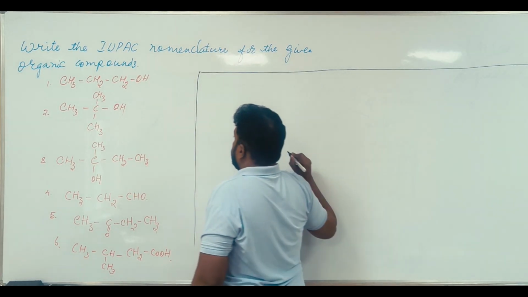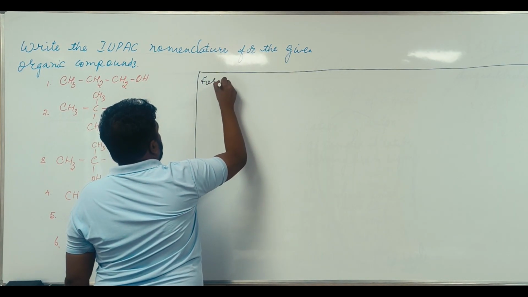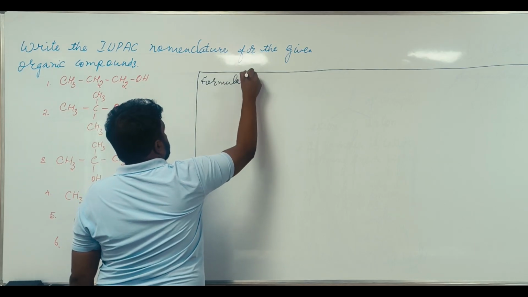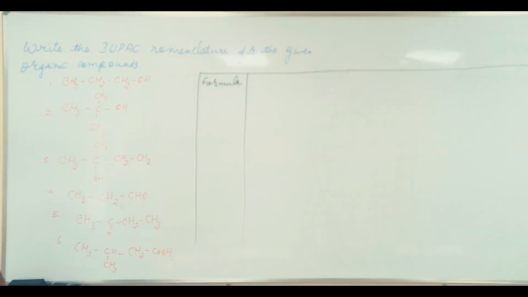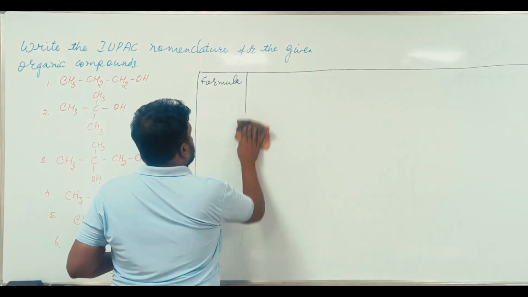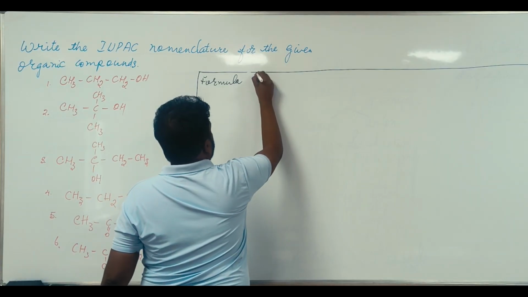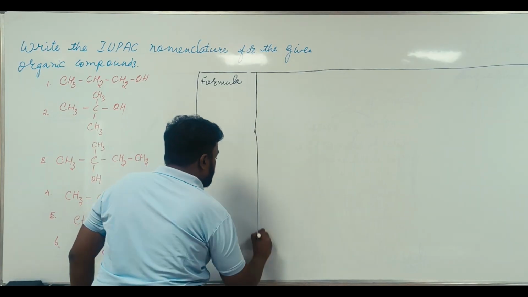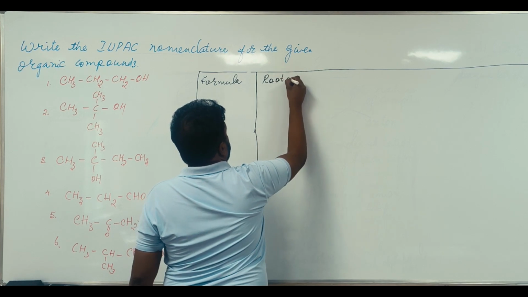First, let us write the formula. What is the formula that has been given, that formula we will write. It is so lengthy, we need a space. So initially we should write the formula. Following the formula, we have to write the root word.